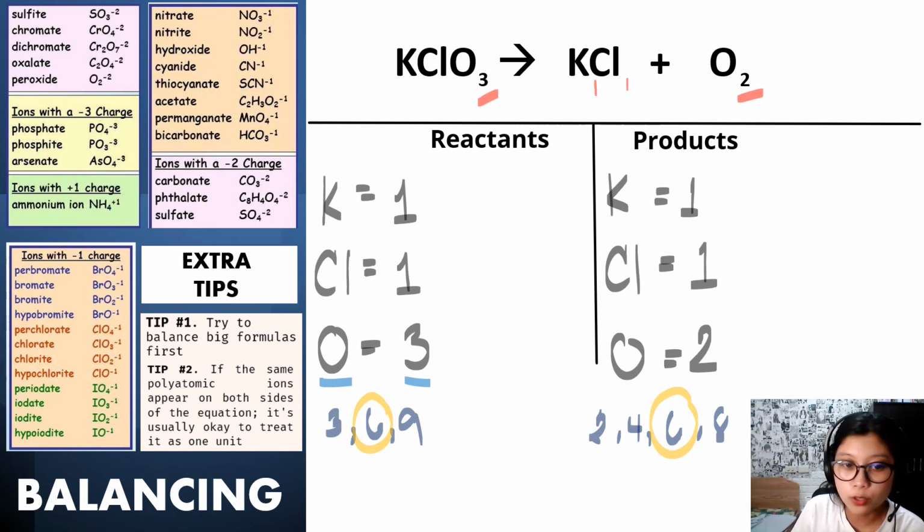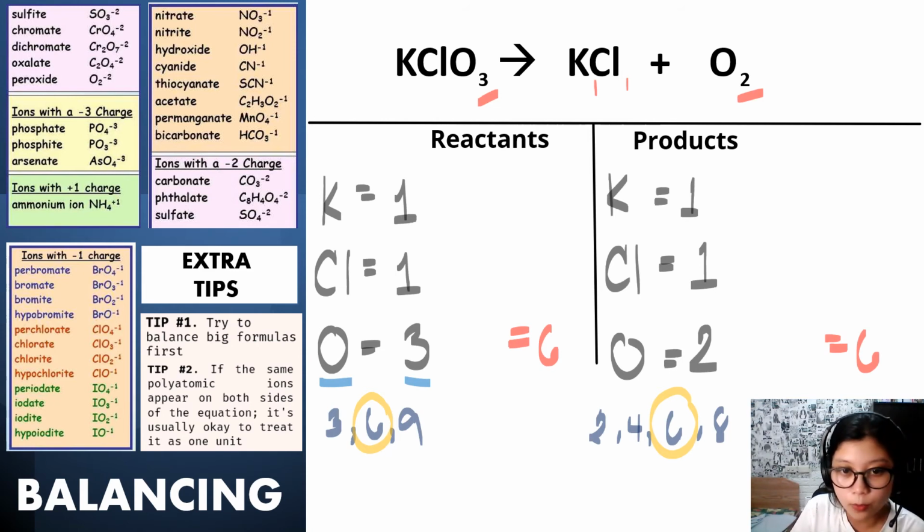So, in order to balance the oxygen, we need to find a way for them to reach 6 atoms. So how are we going to do this?